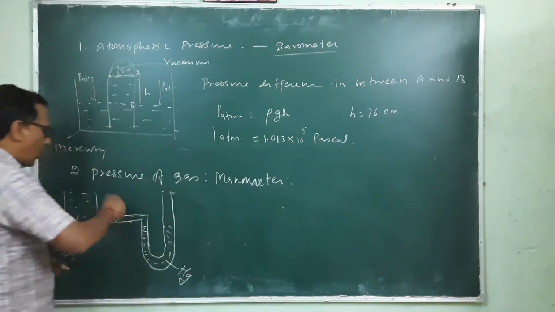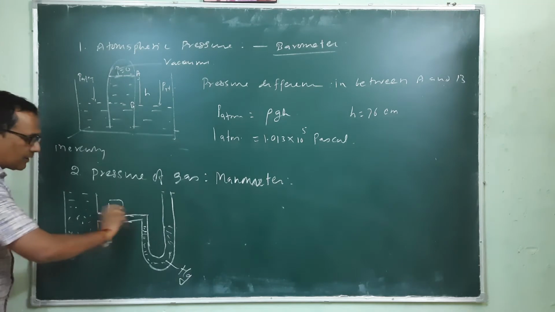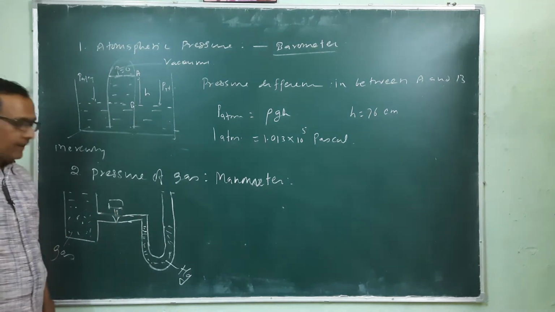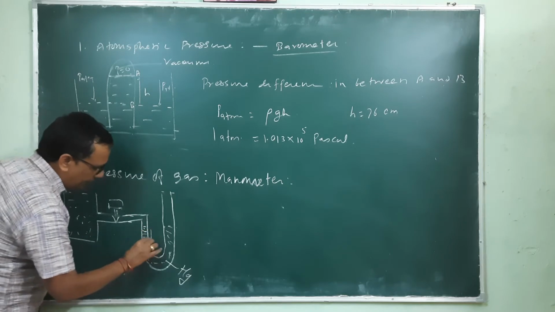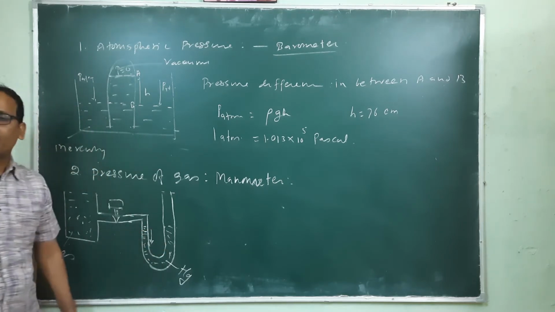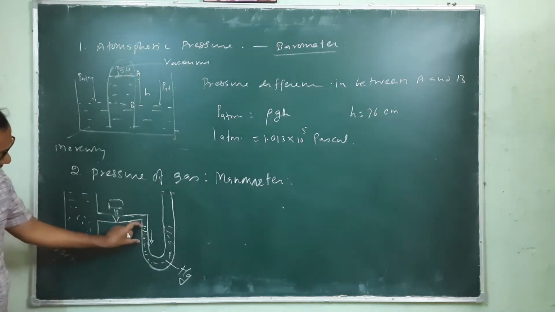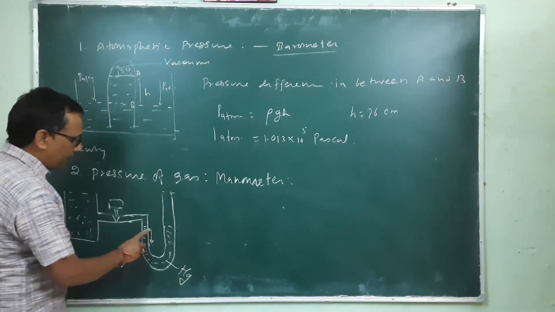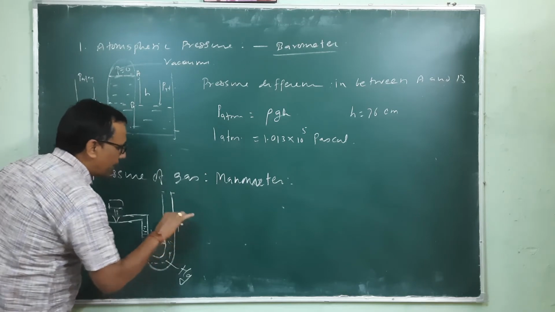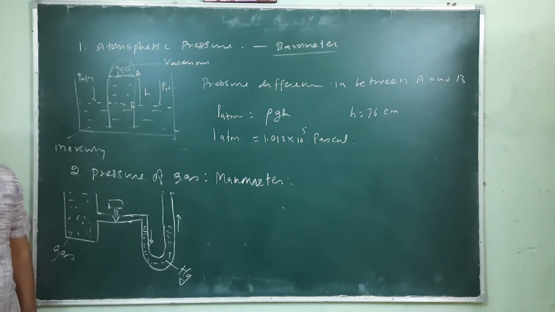When we open this valve, gas will start flowing, and because of the effect of this gas, the level of the mercury will shift downward on this side of the U-tube, and similarly, by the same amount, the height of the mercury column will increase on the second end.